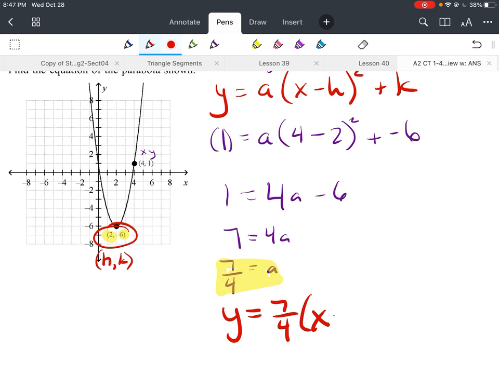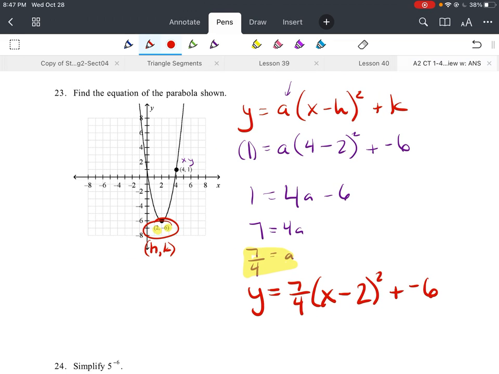So x minus, now h is a steady number, it's always the same vertex, and that's going to be 2 here. X minus h, and then put the square in there, and then plus k, which is -6. Take a second, think about this, and make sure you lock in this formula right here. Okay, good stuff. Let's keep it rolling.